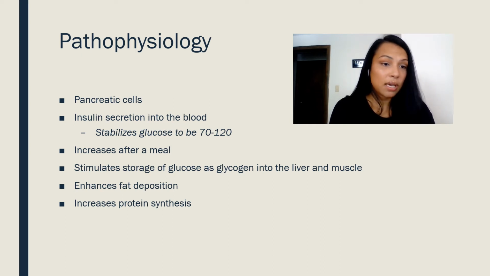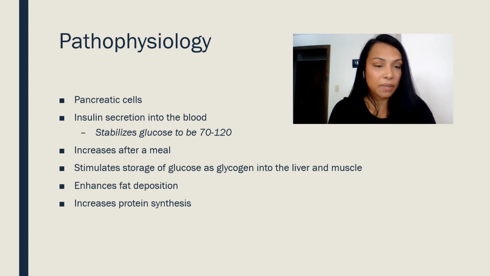your blood sugar. In a type 2 diabetic, your beta cells don't secrete enough insulin, or your body doesn't metabolize that insulin correctly, so your blood glucose levels are almost always elevated. The pancreas also stimulates storage of glucose as glycogen into the liver and muscle.